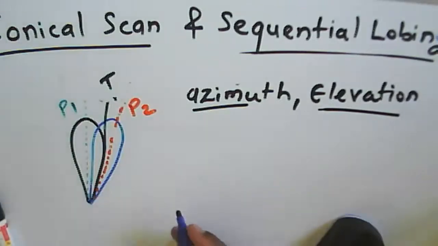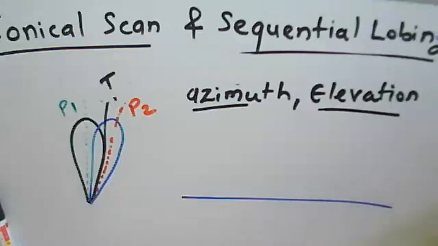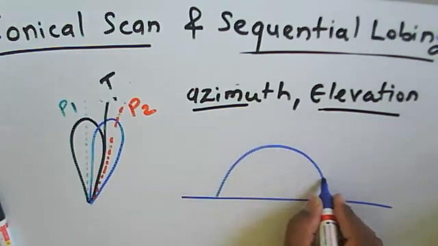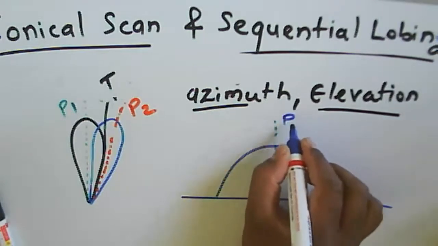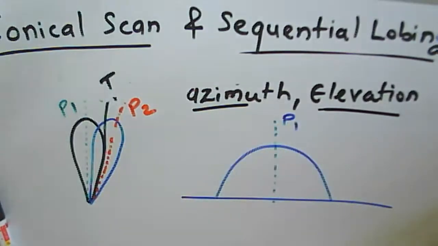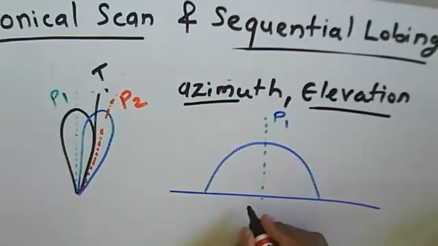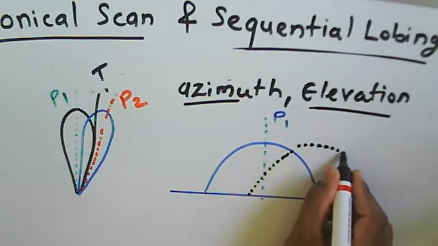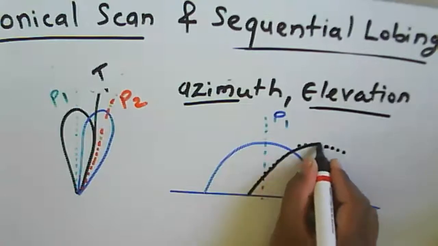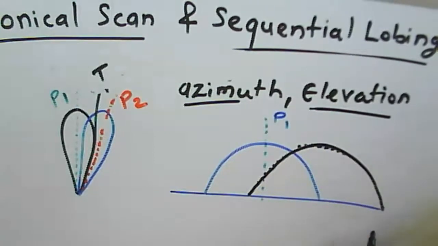If I consider a rectangular representation, then this one is the position of a target. This one we can say is P1. Now I consider the target position here, and this one now here.